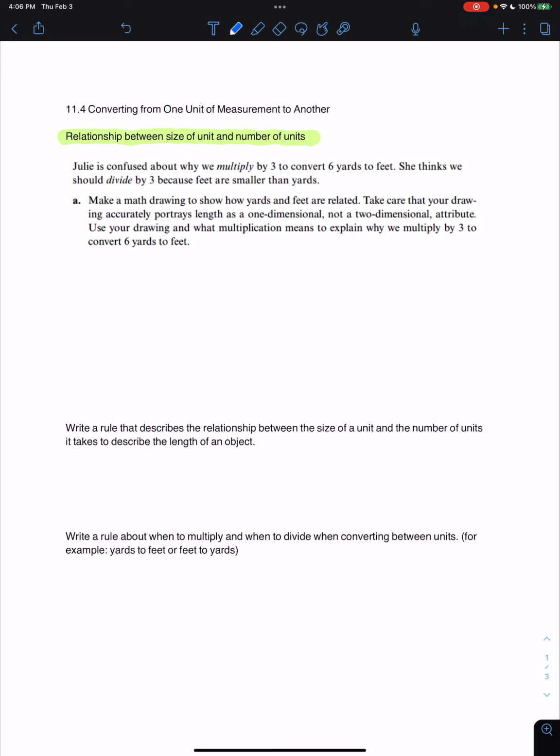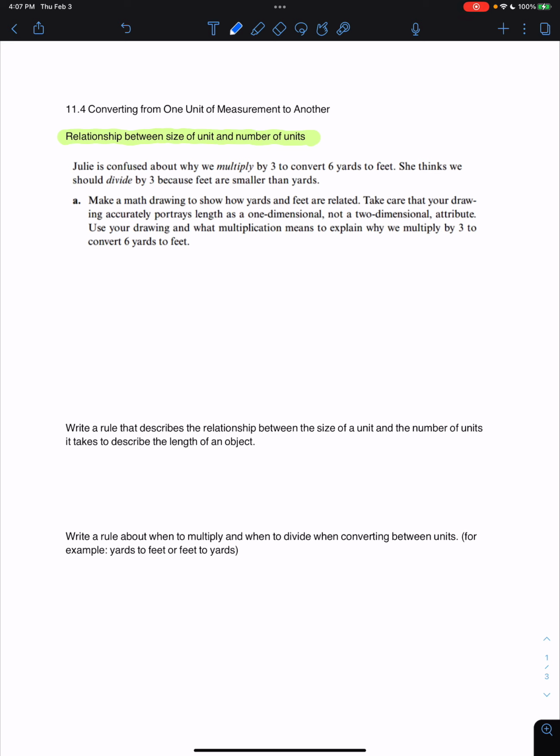It says, Julie is confused about why we multiply by 3 to convert 6 yards to feet. She thinks we should divide by 3 because feet are smaller than yards.